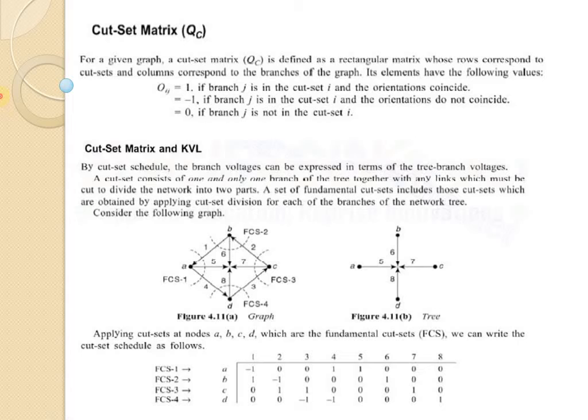If the cut set matrix is Qij, then Qij equals 1 if branch j is in the cut set i and the orientations coincide. Qij equals -1 if branch j is in the cut set i and the orientations do not coincide. Next, Qij equals 0 if the branch is not in the cut set i. So in that way we can form the cut set matrix.